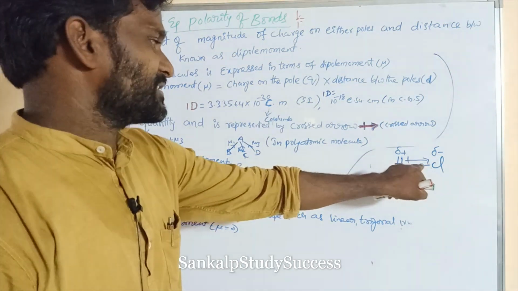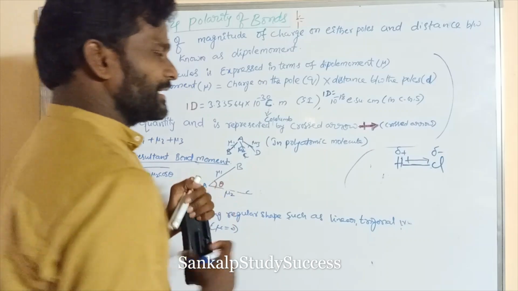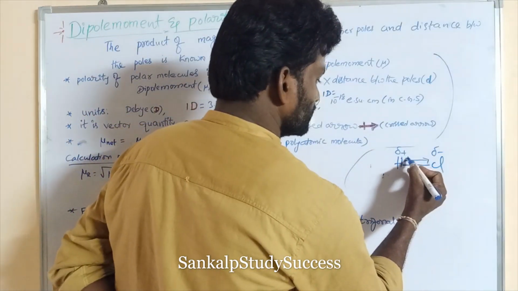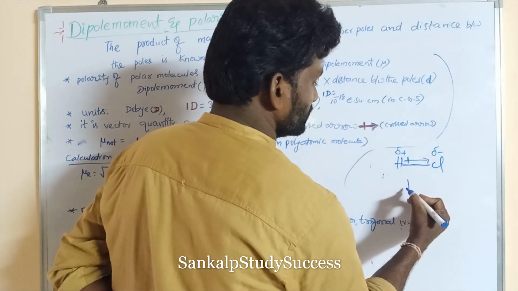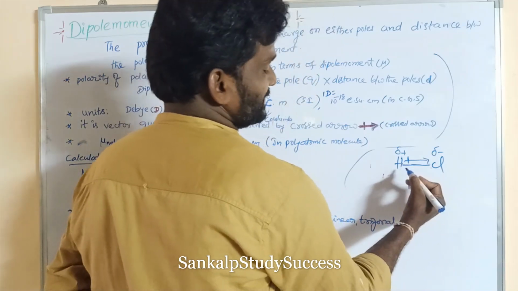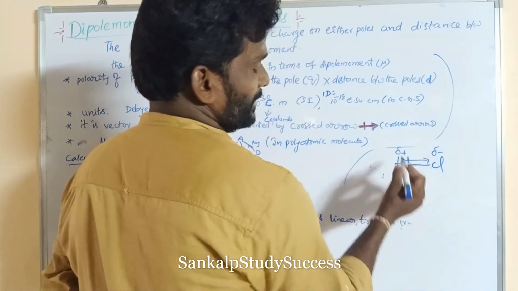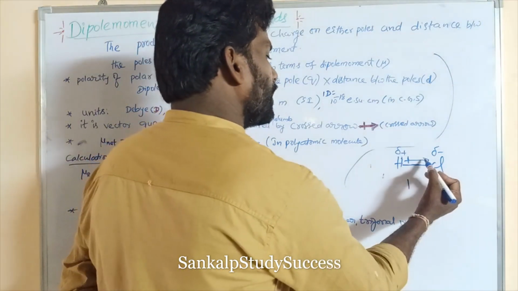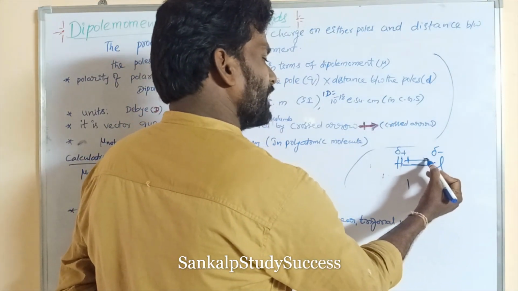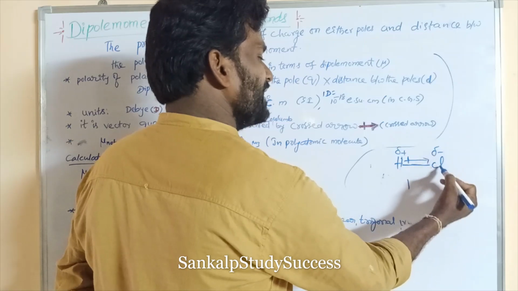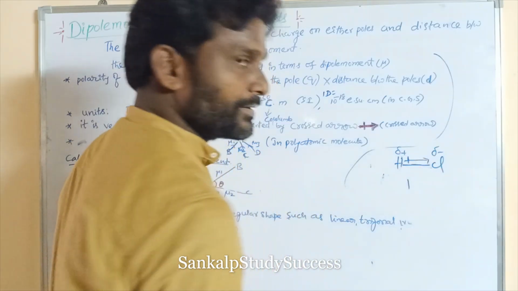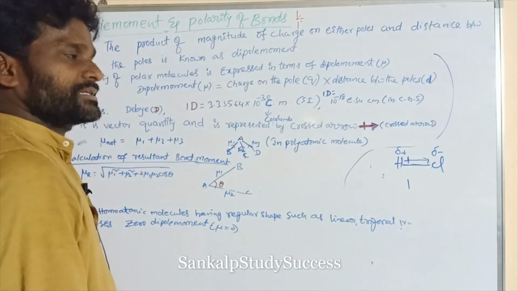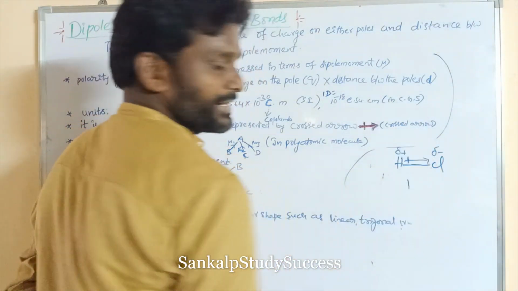This is the cross, this is the arrow. The crossed end indicates the less electronegative atom, like partial positive charge, and the arrowhead indicates the more electronegative atom, like partial negative charge, delta minus.